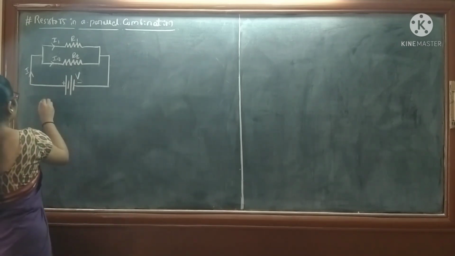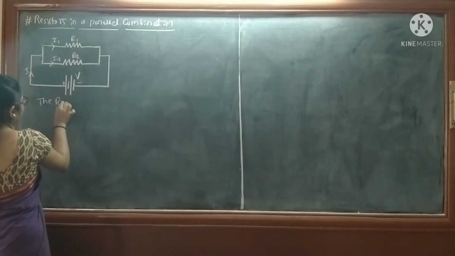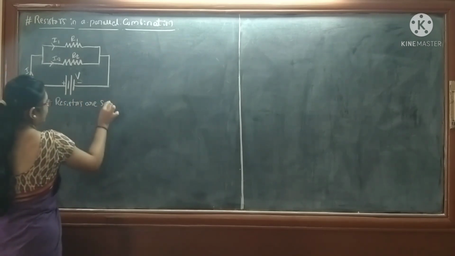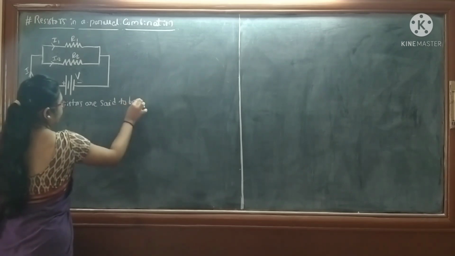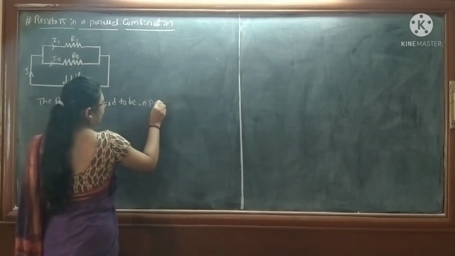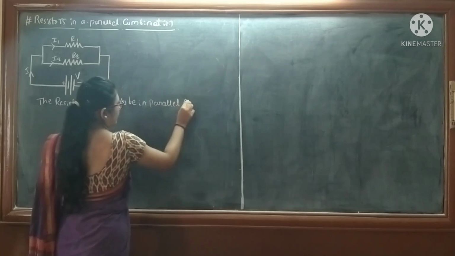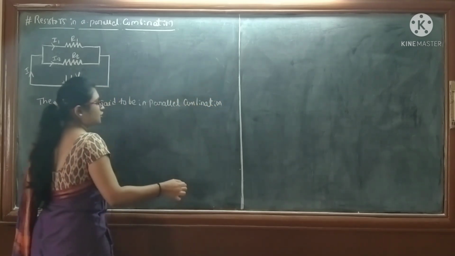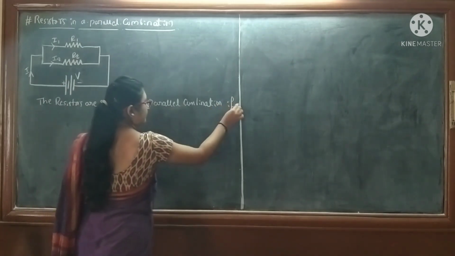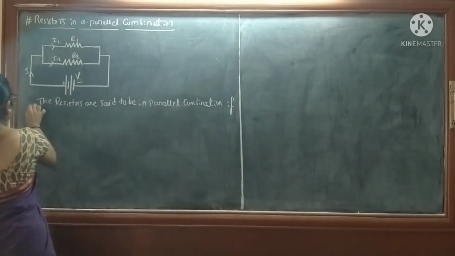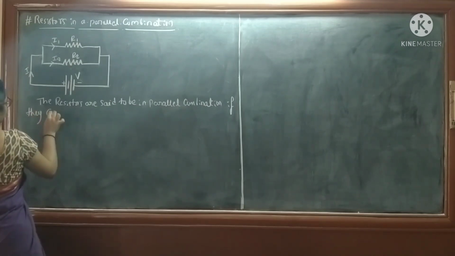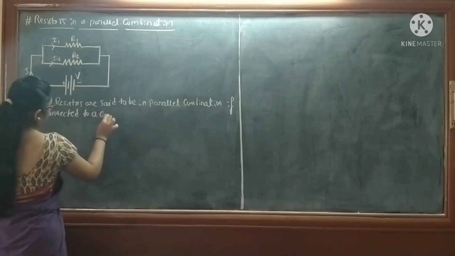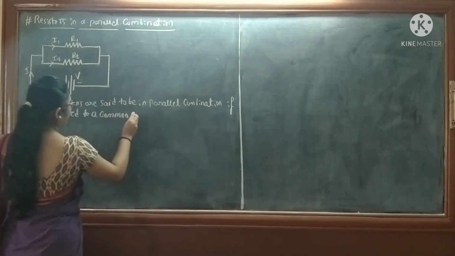Just write it. The resistors are said to be in parallel combination if they are connected to a common point.